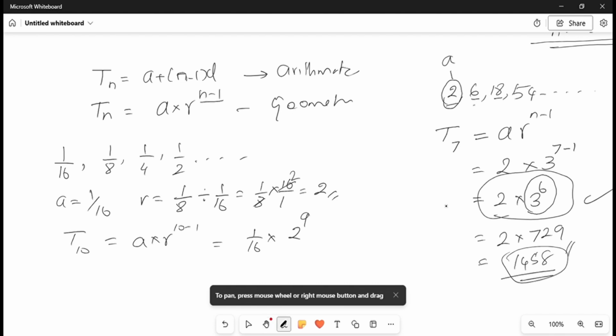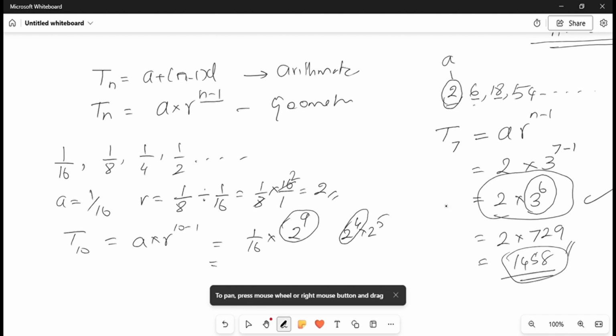Right. So now, 16 being a power of 2, we can write 2 to the power 9 in a different way. We can write 2 to the power 9 as 2 to the power 4 into 2 to the power 5, because 2 to the power 4 is 16.